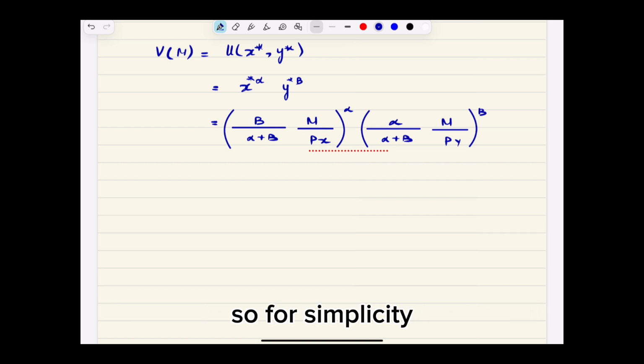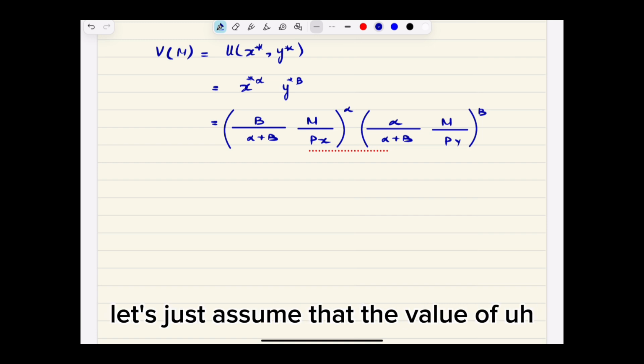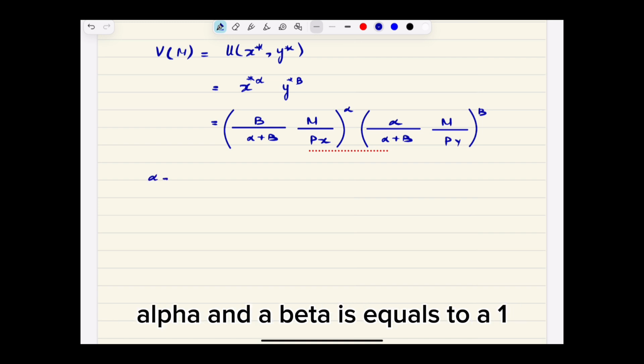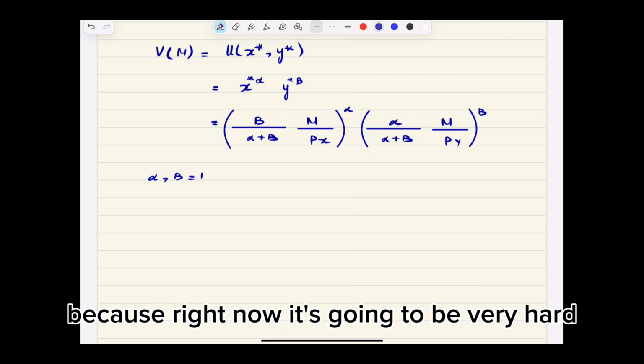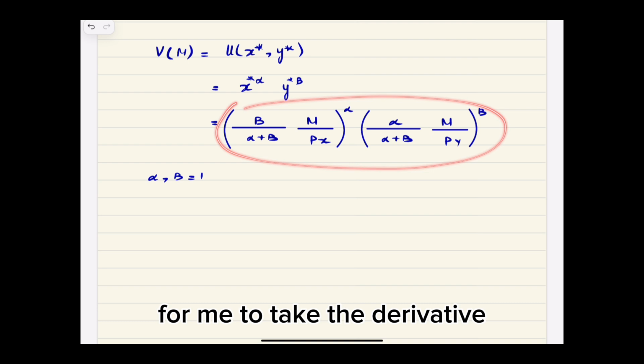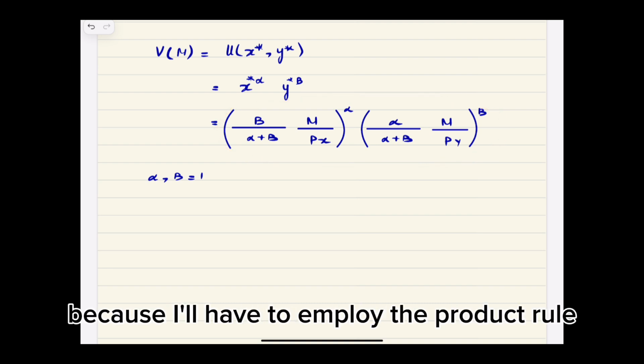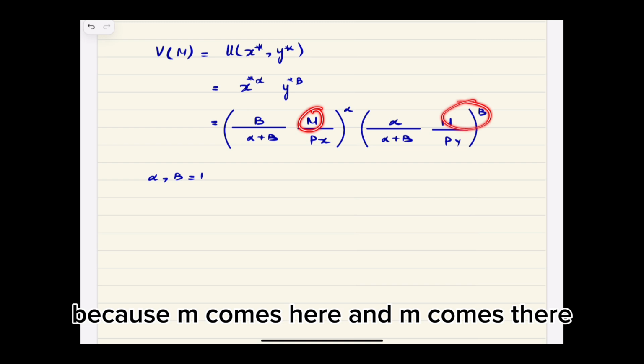Okay, so for simplicity, let's just assume that the value of alpha and beta is equal to 1. I'm just doing this for simplicity because right now it's going to be very hard for me to take the derivative with respect to m, because I'll have to employ the product rule, because m comes here and m comes there.